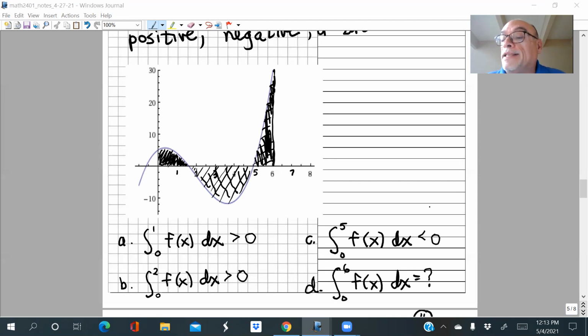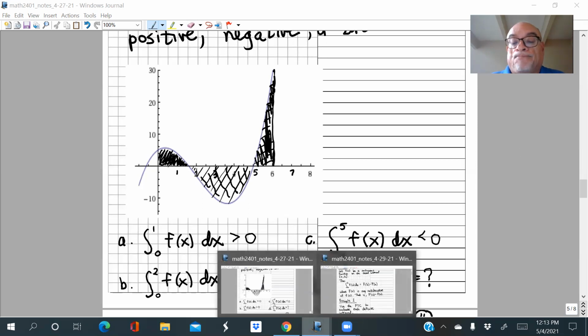Now I need to show you how we calculate these areas exactly, since our geometry is only going to get us so far, and our visual intuition is only going to get us so far.